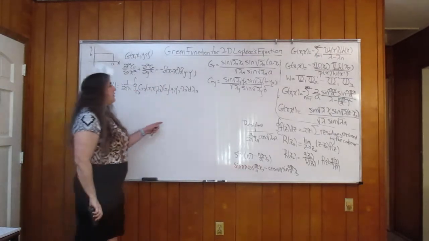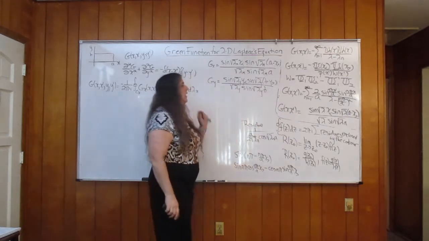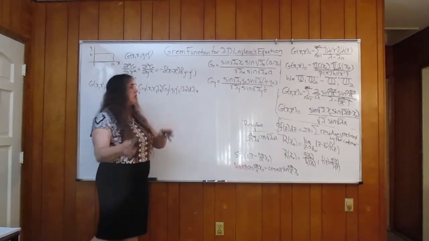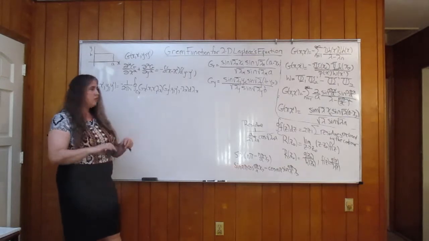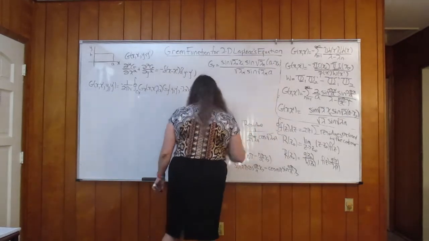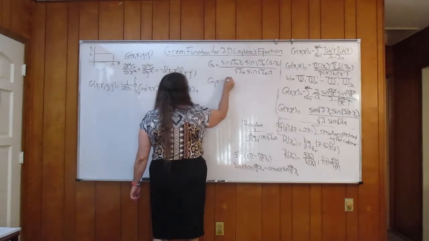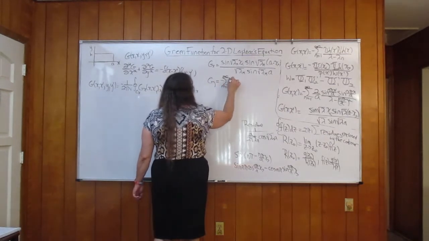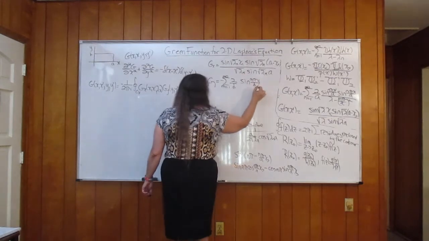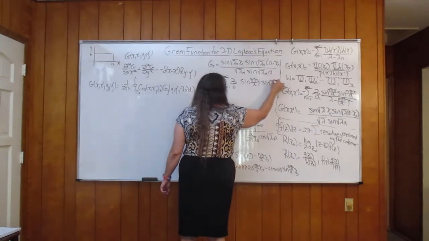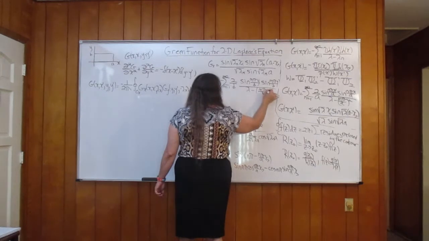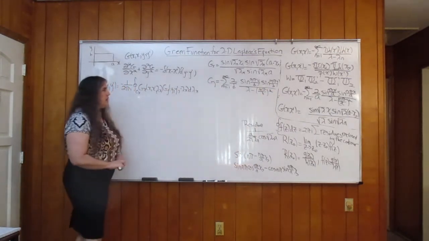In order to do that, instead of using the form where I have the product of the two functions, where one satisfies the boundary condition at x equals 0 and the other satisfies the boundary condition at x equals a, all over the Wronskian, I'm going to go ahead and use the eigenfunction expansion. And this time I'm going to use dummy index m for this particular expansion.